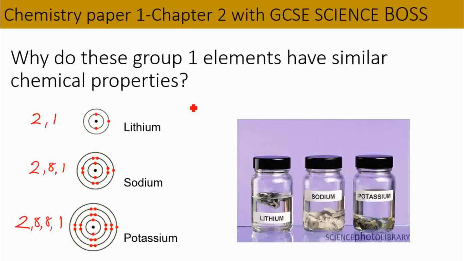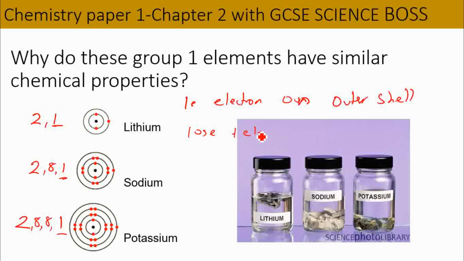Because of this, they react similarly because all of these elements have one electron on their outer shell, which means that when they react, they only need to lose one electron. So they're quite similar in terms of how they react, not in terms of the rate of reaction, but in terms of the products they form.